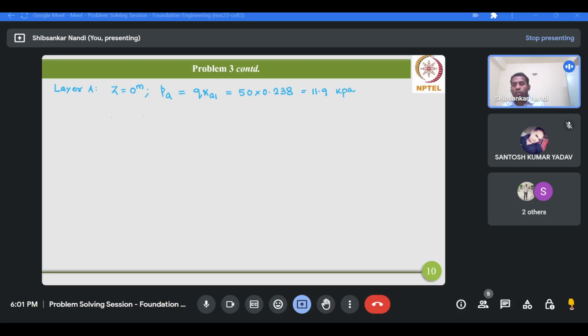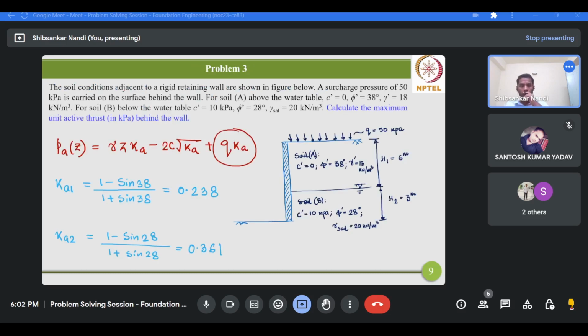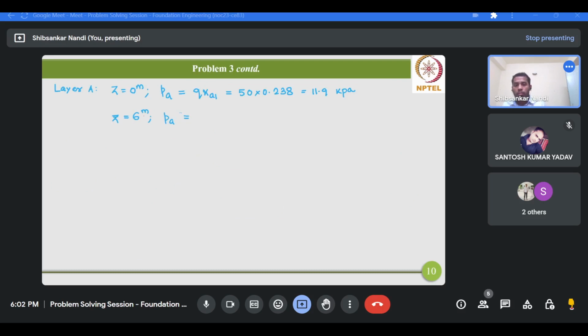Now coming to the bottom of layer A, that is Z equals 6 meter. So PA would be gamma 1 H1 K1 plus QK1.